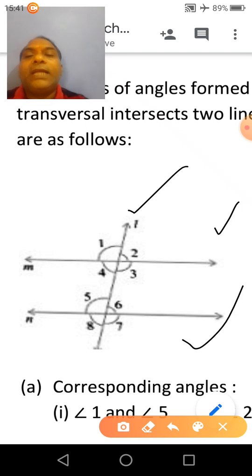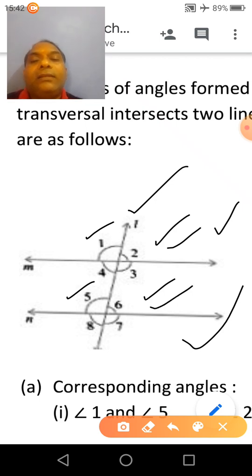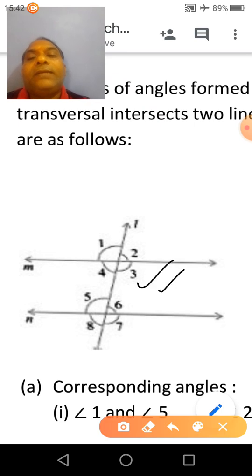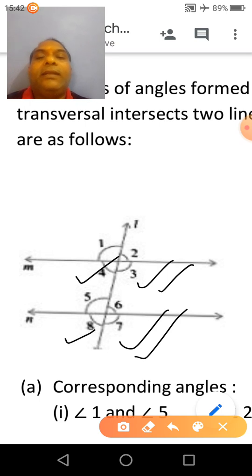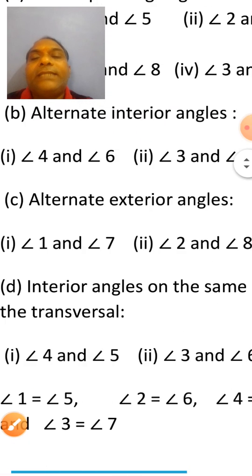So corresponding angles will be angle 1 and angle 5. So angle 1 will be equal to angle 5. Similarly, angle 2 will be equal to angle 6. Angle 3 will be equal to angle 7. Angle 4 will be equal to angle 8. Clear?